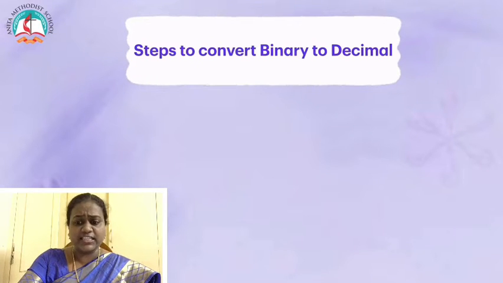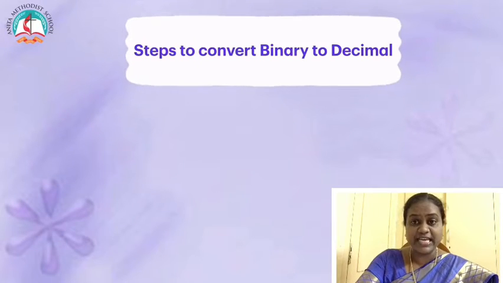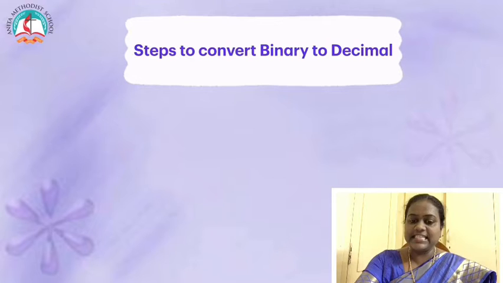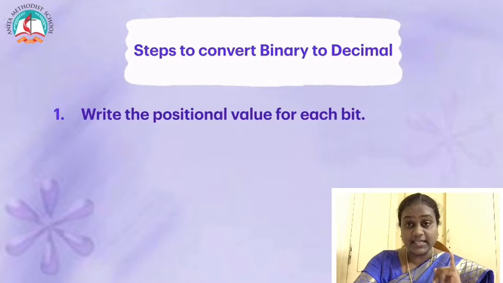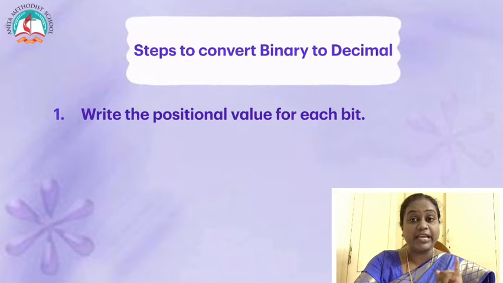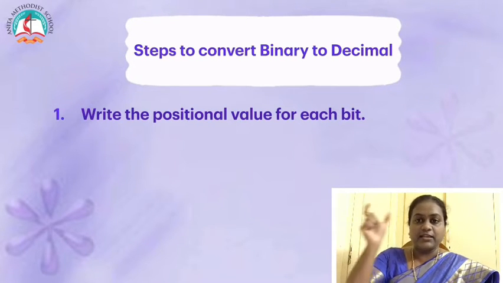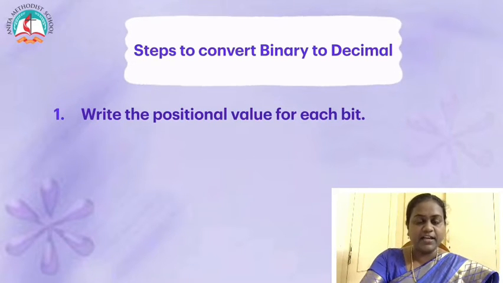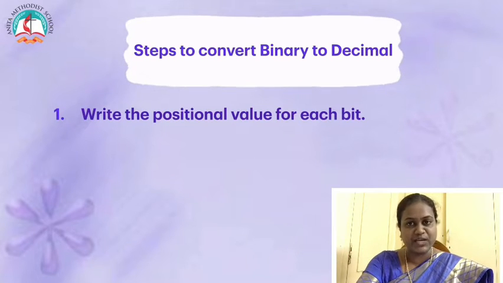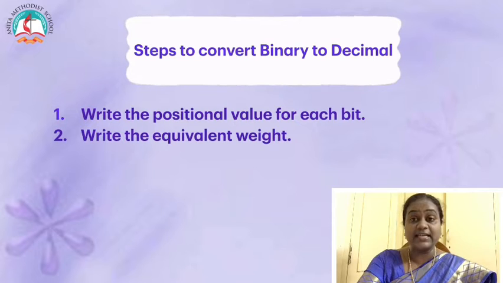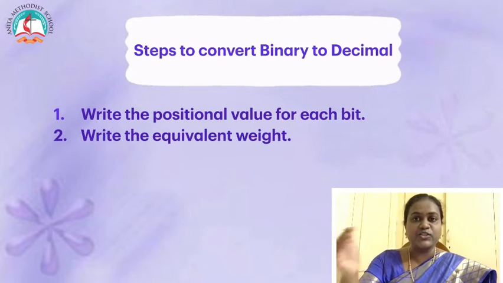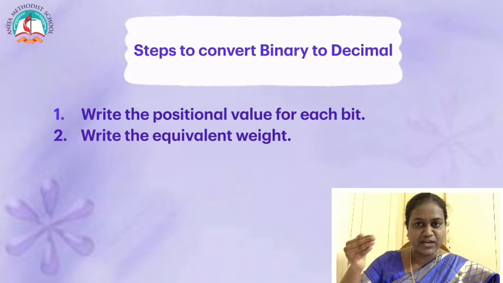First one, steps to convert binary to decimal number. Step 1: write the positional value for each bit of the given binary number. Step 2: write the equivalent weight for each positional value.